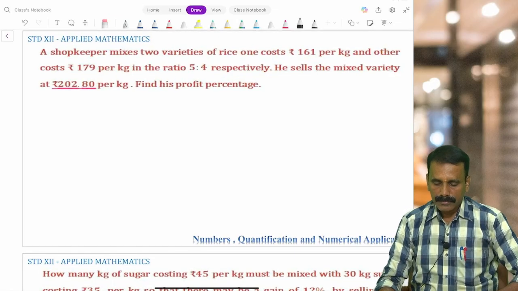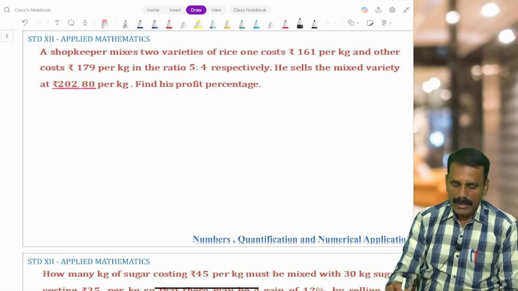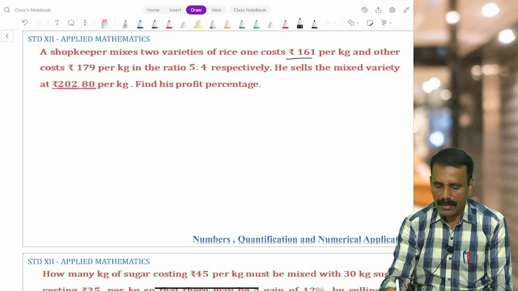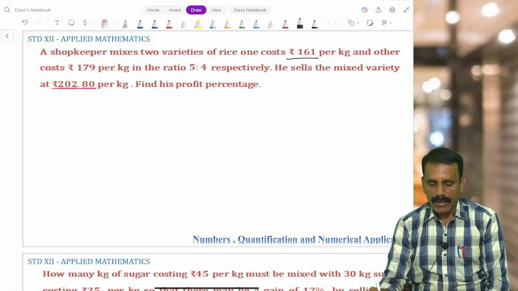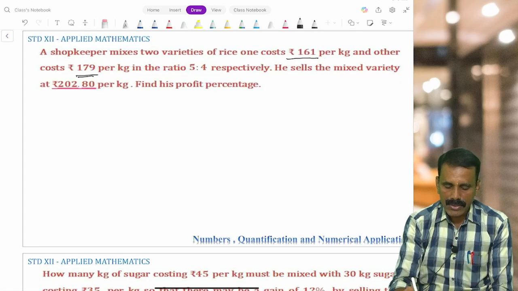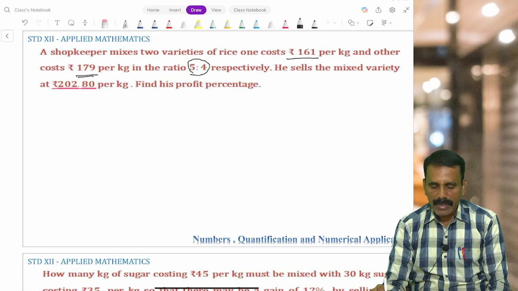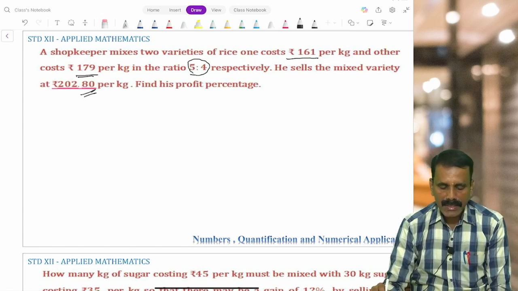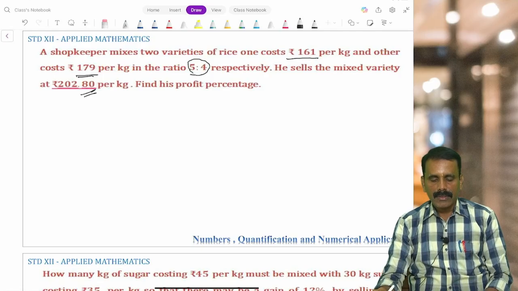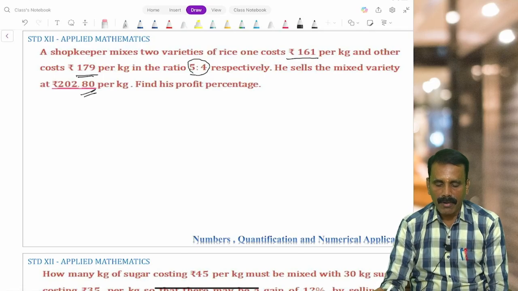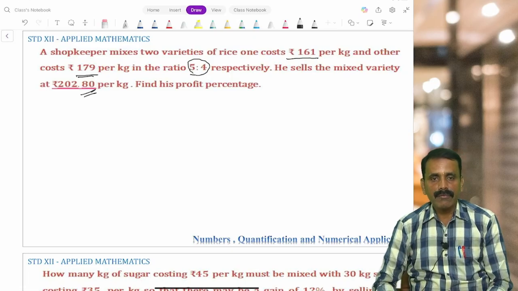Now, here a shopkeeper mixes two varieties of rice. One rice is costing rupees 161. The other one is going to cost 179, and the ratio is given to us. He sells the mixed variety at 202 rupees 80 paise per kg, and we are supposed to find the profit percentage.